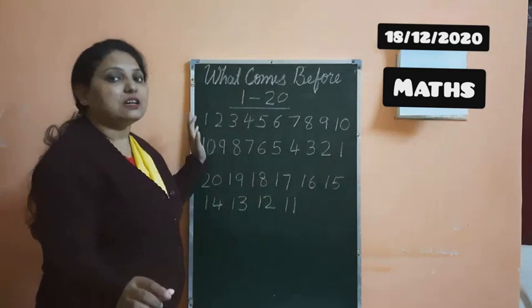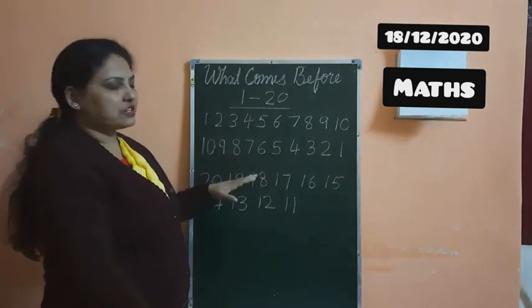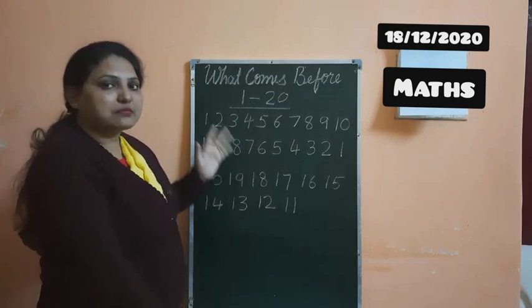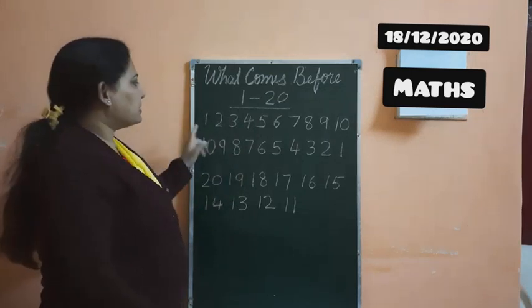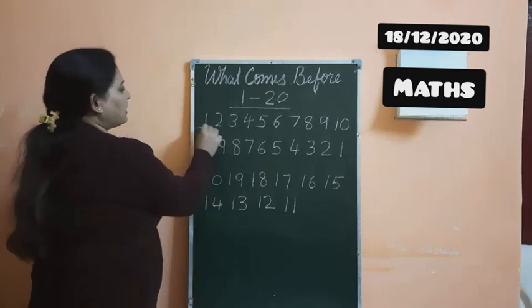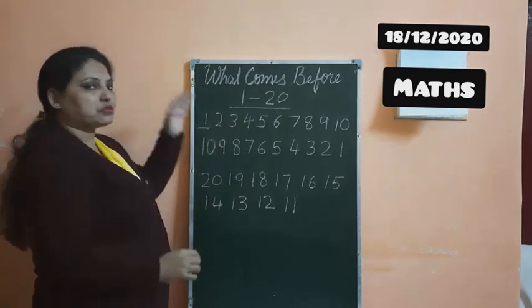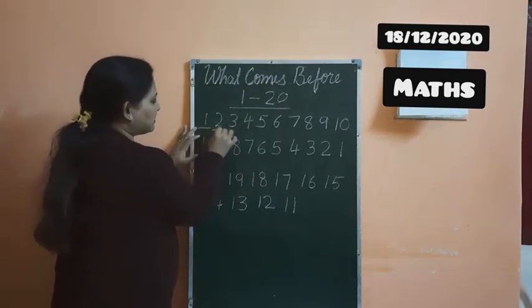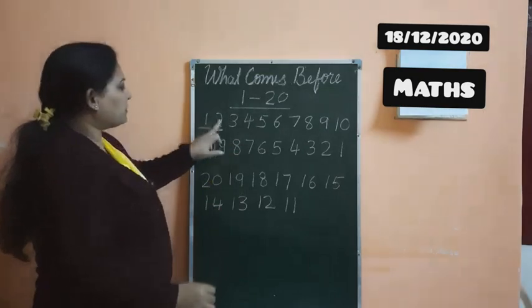You have to learn what comes before, children. So I am writing these numbers to understand the before number. Now children, it is written here 1. When we go forward, we come to know after. After 1, we see 2.